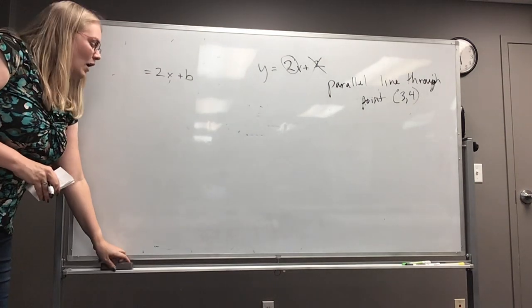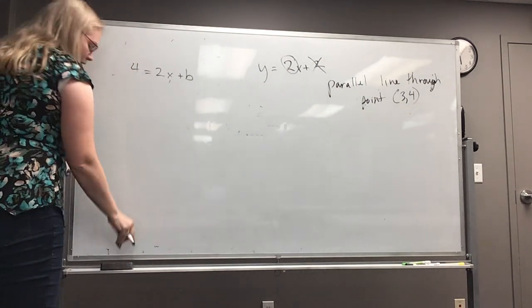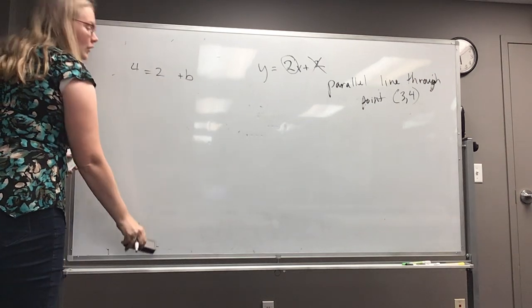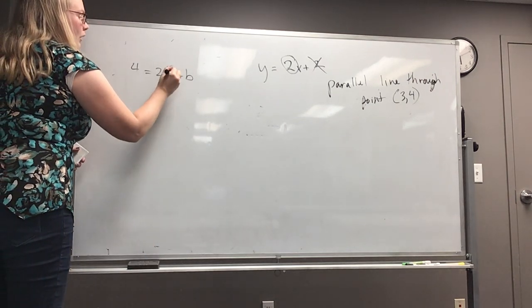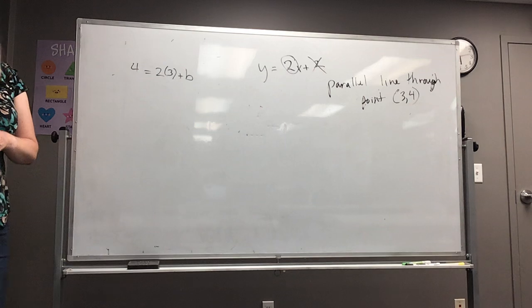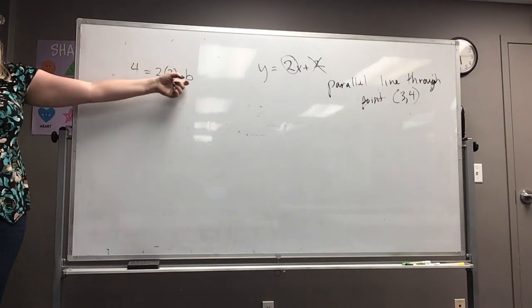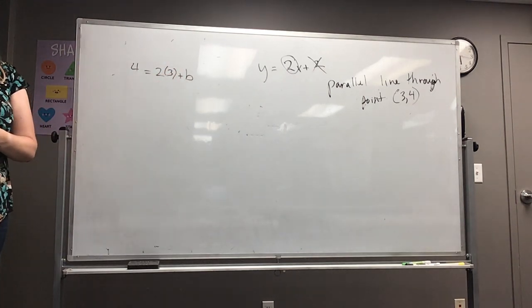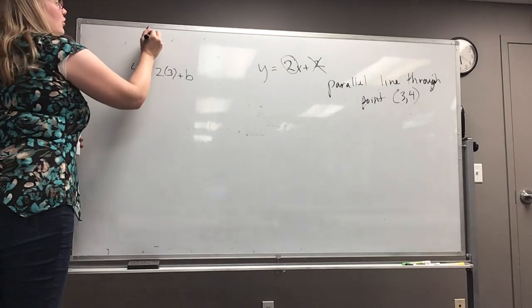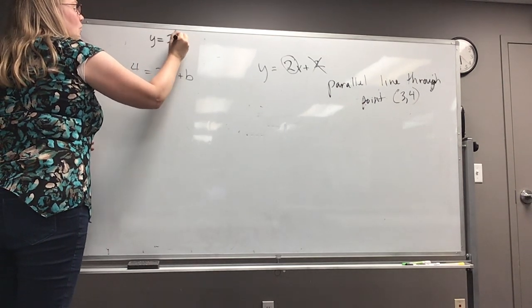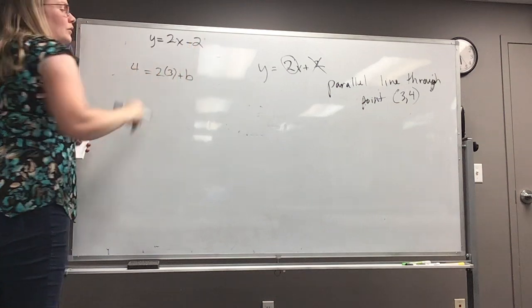We're replacing y with 4. We're replacing x with 3. And now it gets really easy. What will be our value of b? Minus 2. And so our equation is y equals 2x minus 2.